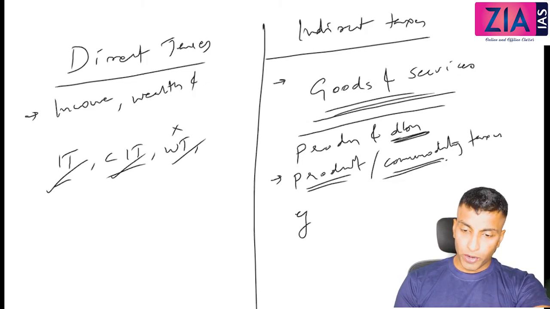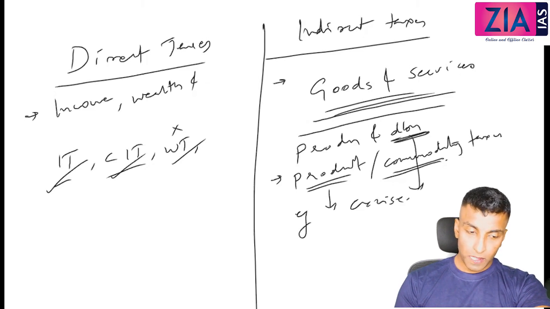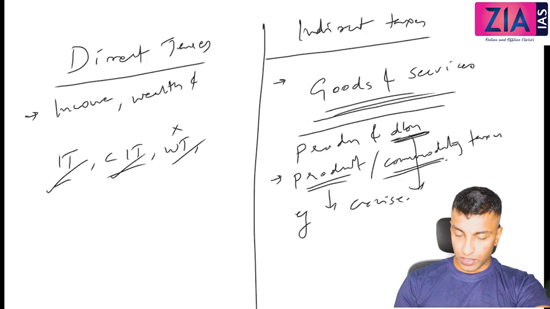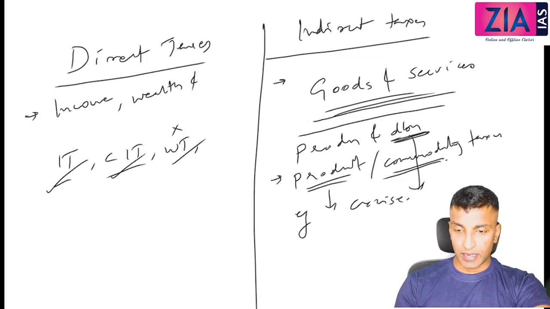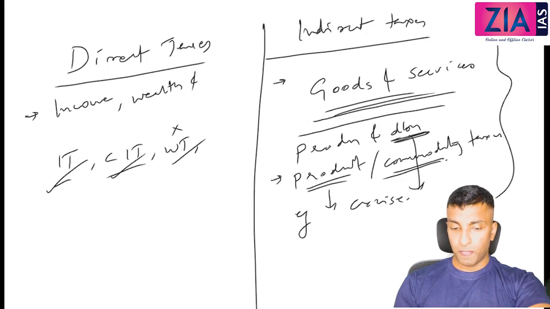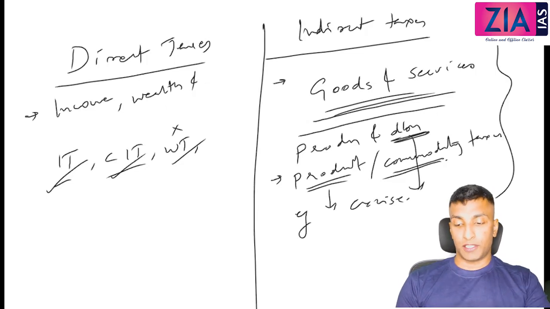For example, on production, what tax? Excise, right? And on distribution, it is sales tax. Distribution of goods, you will see sales tax, custom duty, and upon services also service tax, entertainment tax, all these will come here. We'll discuss GST.